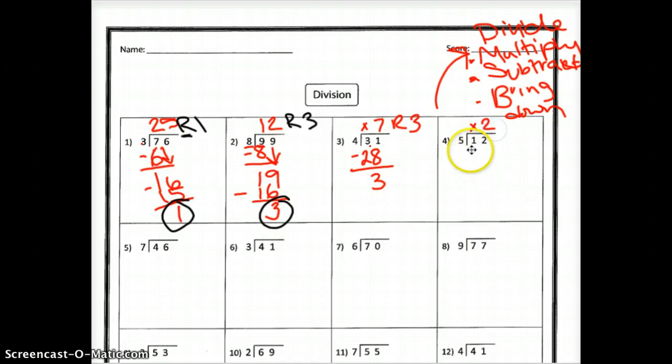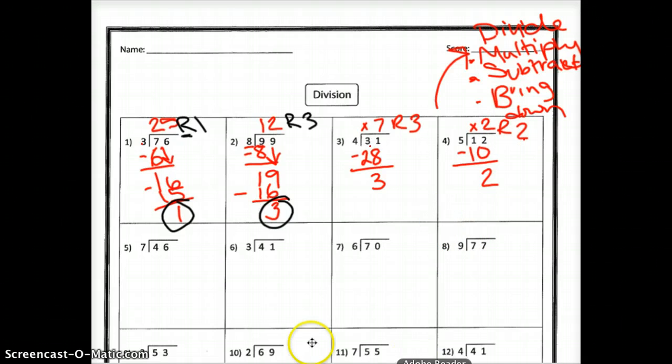That's 2 times. Then I multiply. 5 times 2 is 10. Subtract. And then are there any other numbers to bring down? Nope. So then I have a remainder of 2. So 12 divided by 5 is 2, remainder 2.